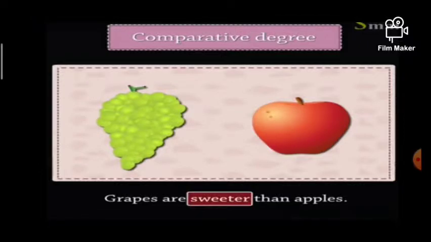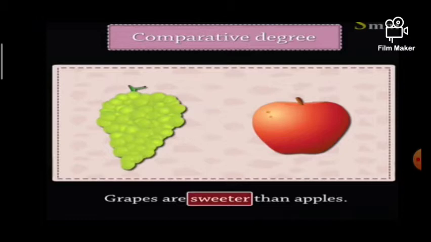Here you can see grapes are sweeter than apples. Now here we compare grapes with apples, right? Grapes are sweeter than apples. We are doing comparison between two fruits. Between two fruits we have two options, grapes and apples.